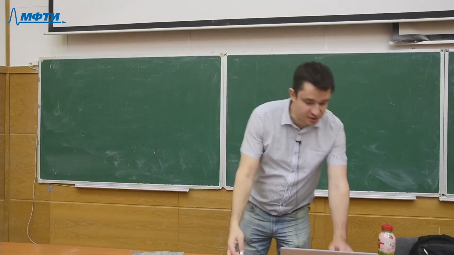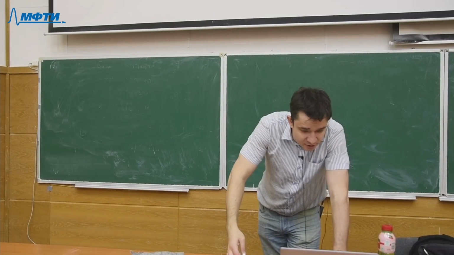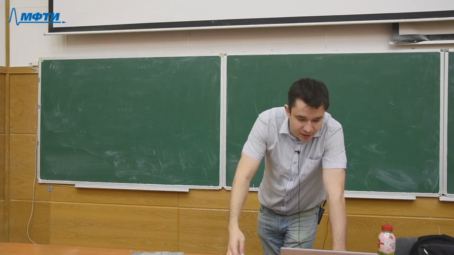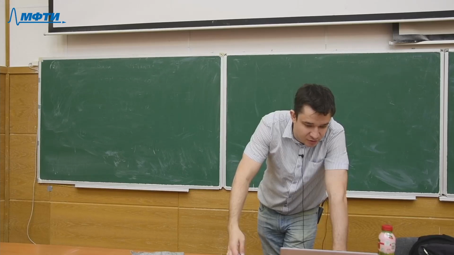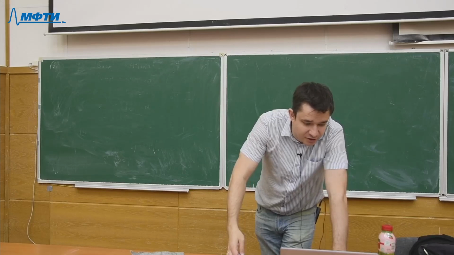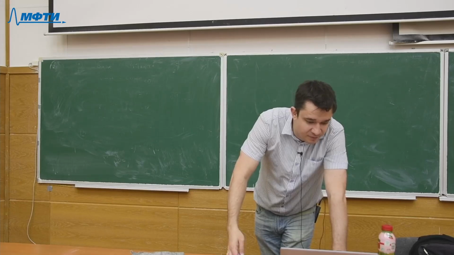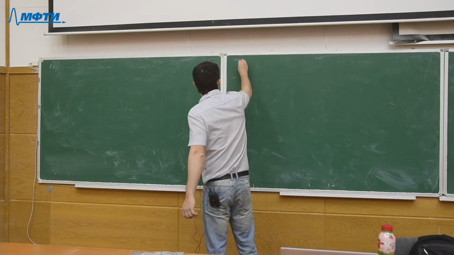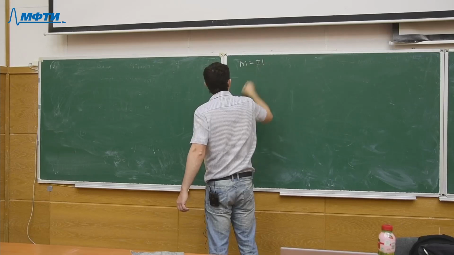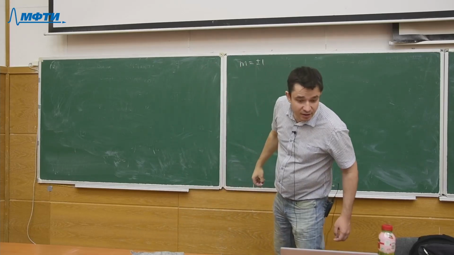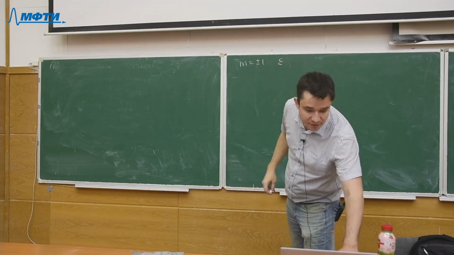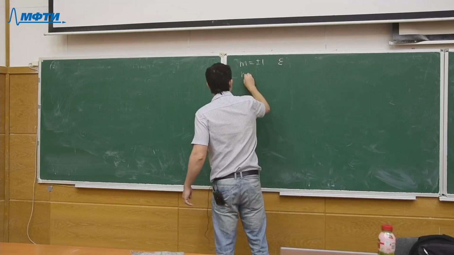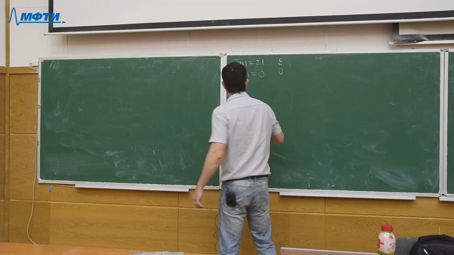The problem T6. A system consists of n non-interacting particles of spin 1 with possible quantum states denoted as m equal to 0 and m equal to plus minus 1. The energy of particles in states m equals plus minus 1 is equal to epsilon, while the energy of the state where m equals 0 is equal to 0.